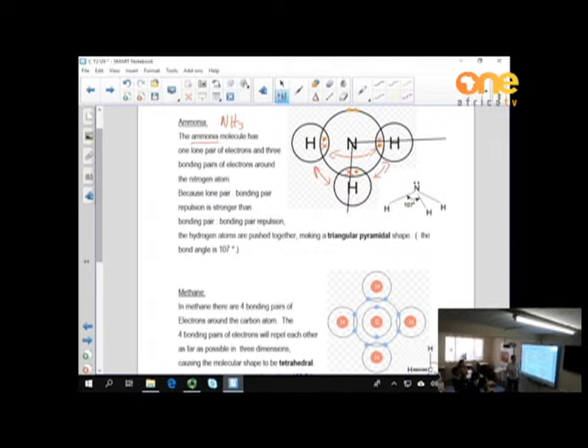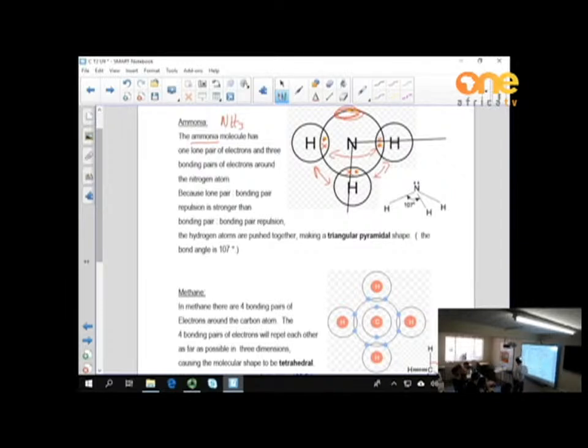We only have one single pair over here, so we don't have single pair repulsion like we had in water. We've only got single pair, bonding pair repulsion, and bonding pair.